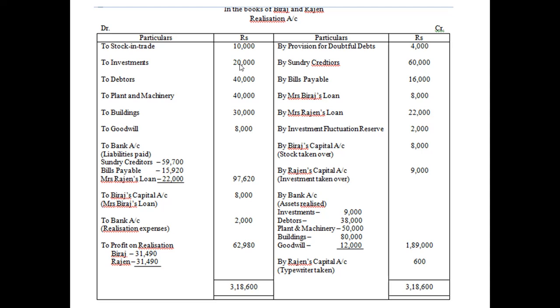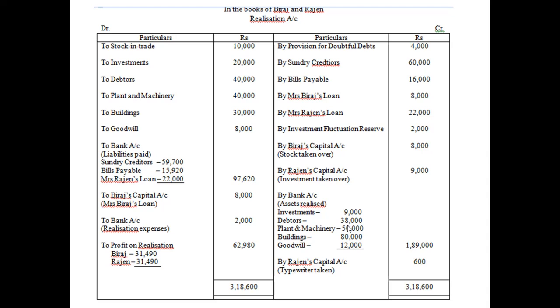After that we have debtors realized, how much? 38,000. So I have written here debtors realized 38,000. The creditors and bills payable were due on an average basis, one month after 31st December.